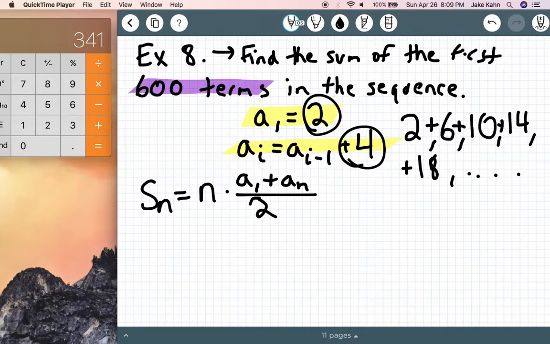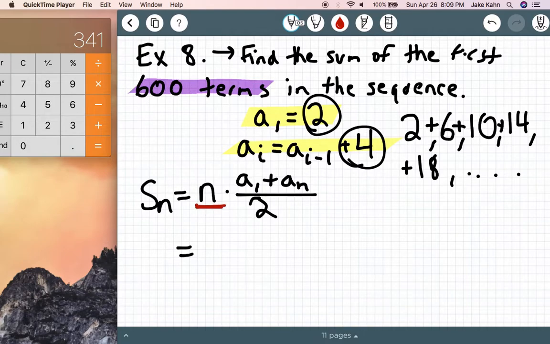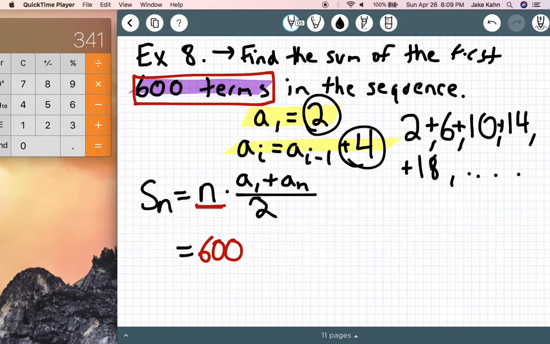All right. So first of all, how many terms do I have in my sequence? That's my n value. My n value is 600. That's what I'm going to plug in for n, times A1.